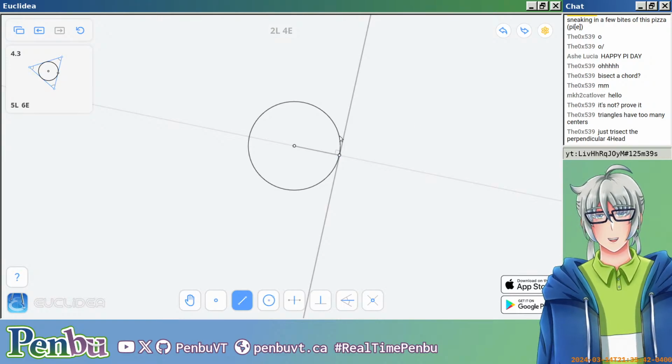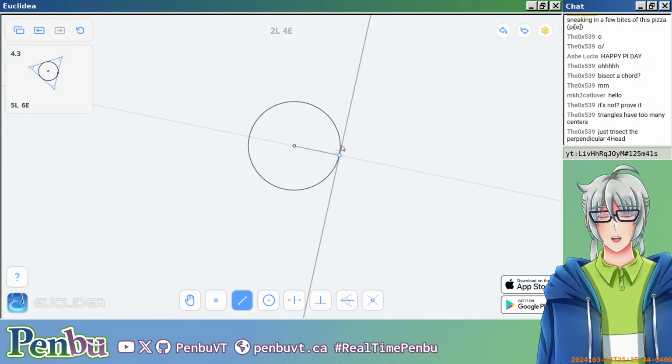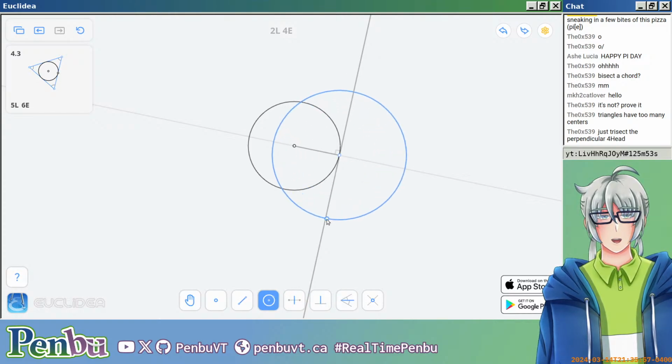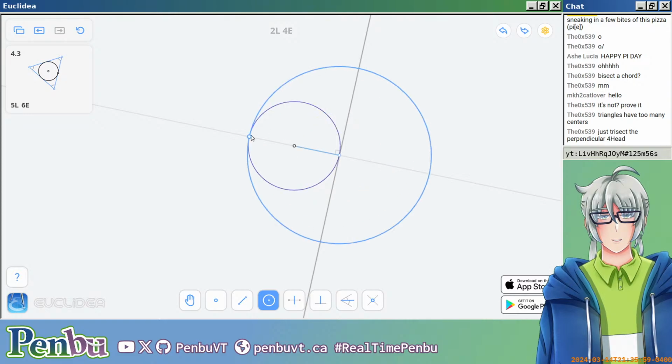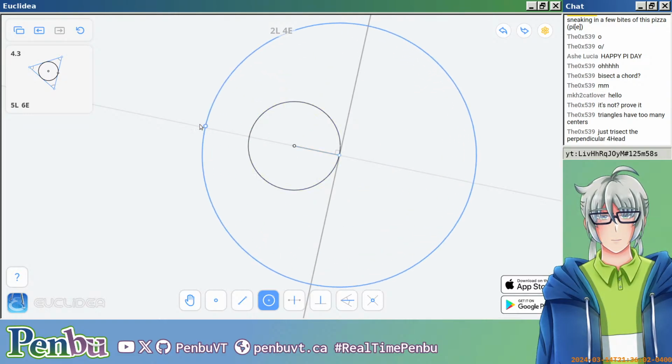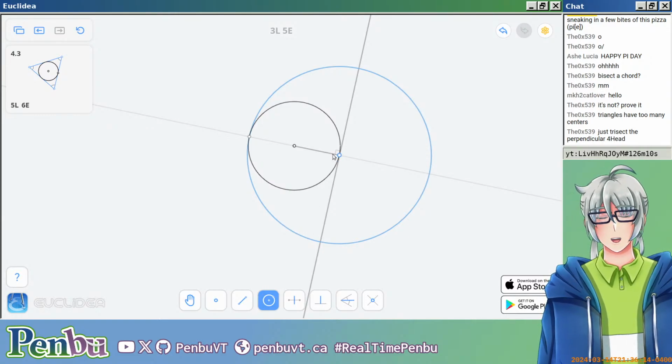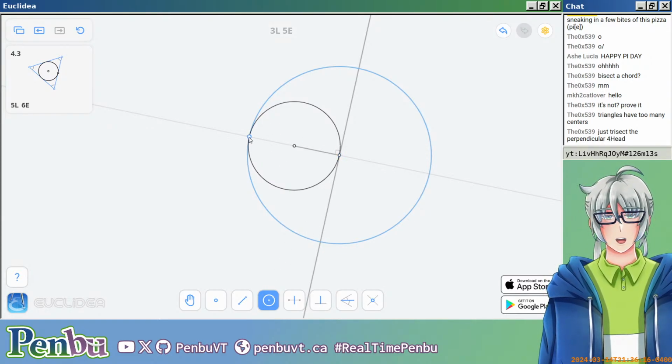We know that this has to be the midpoint because this is an equilateral triangle, which means this has to be the midpoint. We need to find 2 points here that are the same distance away that end up having to intersect there somewhere. We know how to construct a 60-degree angle given a line and a point.